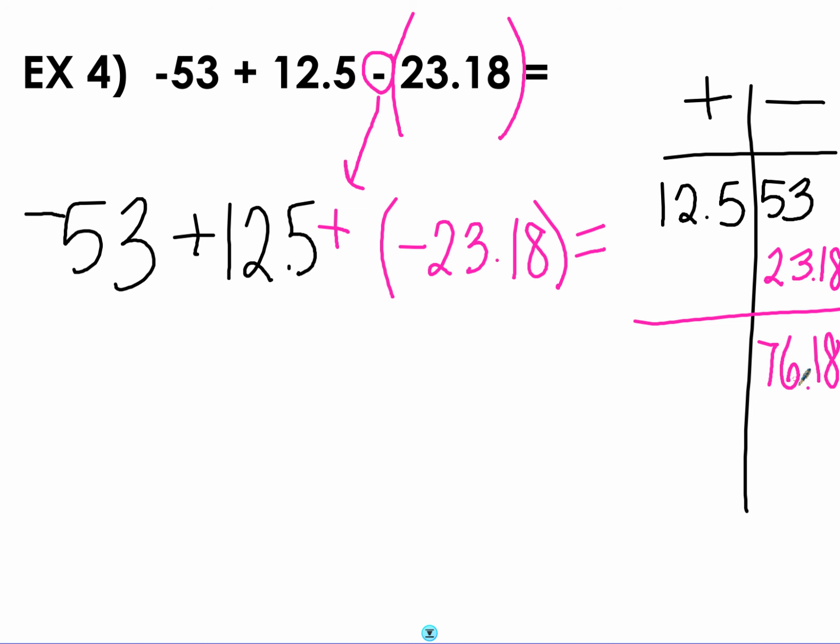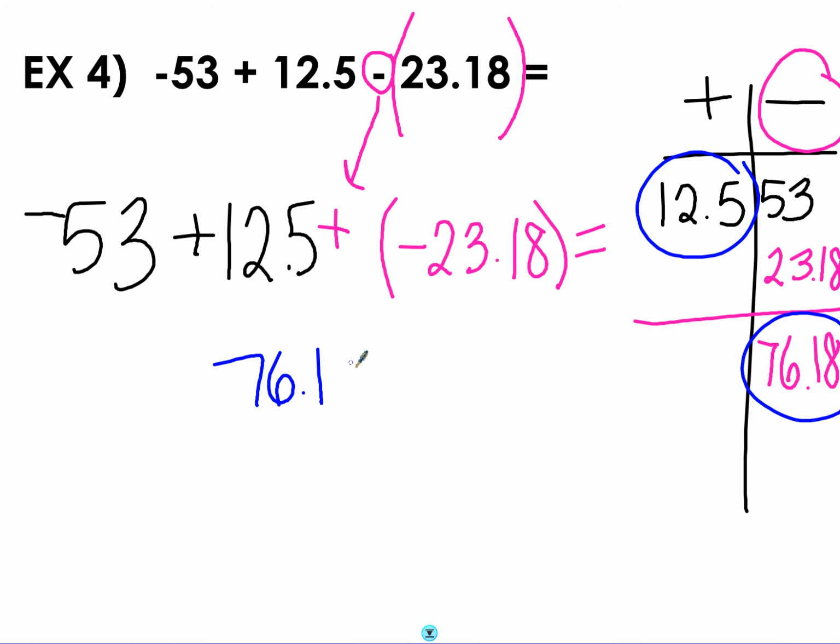So 76 and 18 hundredths is actually how you would say that. That's how many points the negative team has. They're obviously winning. Negative team has been winning a lot, huh? And then I would have to compare by how much they're winning. So that's where I would do my 76.18 minus 12.5.